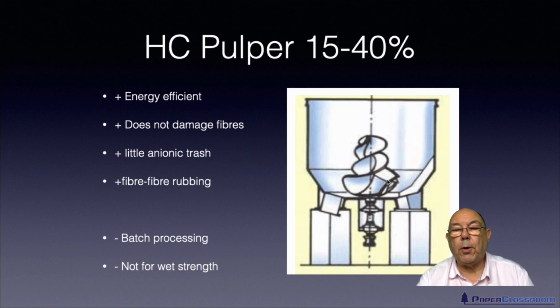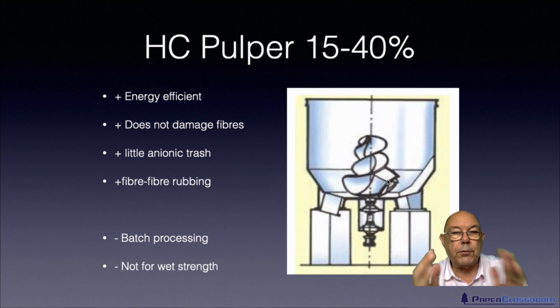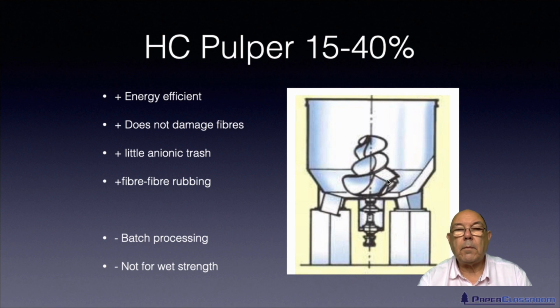High consistency pulpers don't rotate anywhere near as fast as low consistency pulpers, but they do have a lot of torque, a lot of power. So because they don't rotate as fast, they do not damage the fibres anywhere near as much. So because they don't damage the fibres, you'll end up with an average longer fibre length than with a low consistency pulper.